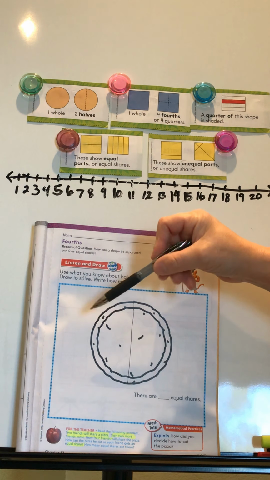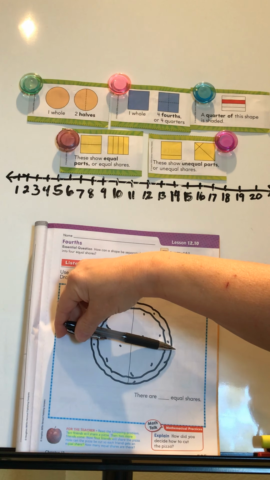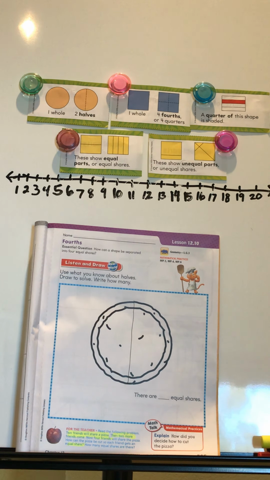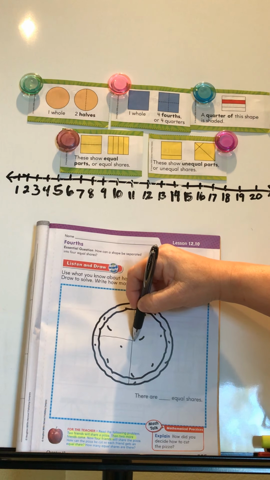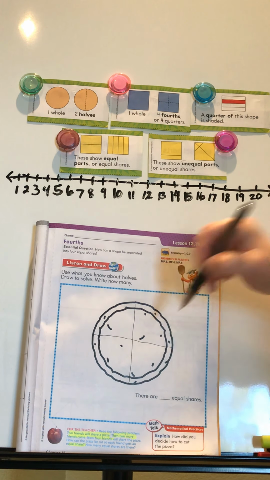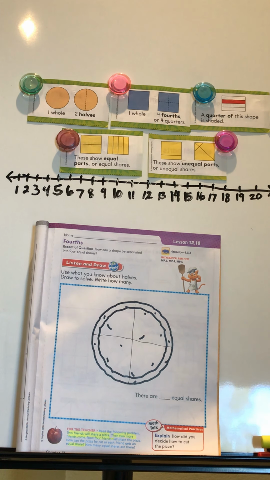Okay, so if I think about drawing it right in the middle, then each person could get an equal part. So we're going to go the opposite way this time, like a big plus sign. And now we have 1, 2, 3, 4 equal parts.